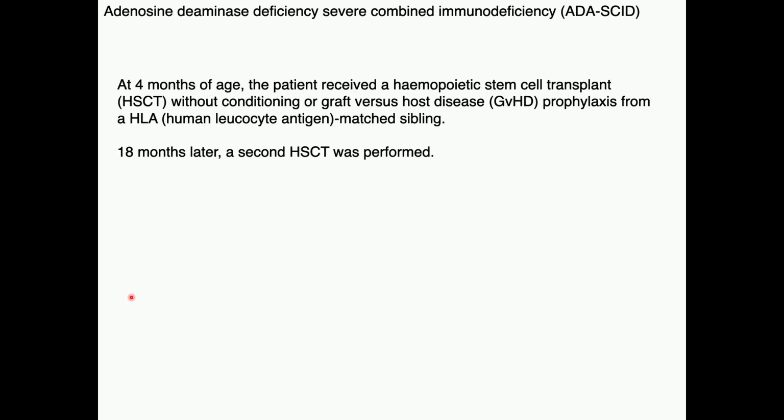Okay, so this patient was given a hematopoietic stem cell transplant, and there was a matched sibling, so an HLA matched sibling who did not inherit the same ADA mutation. The HLA matching and graft versus host disease, you're going to get that in spring semester, so we'll just skip over that. 18 months later, they did a second one.